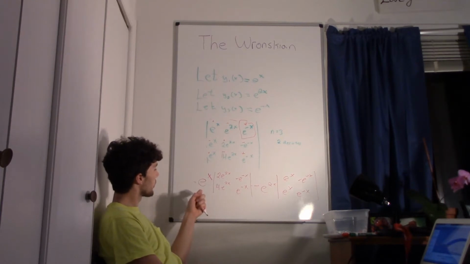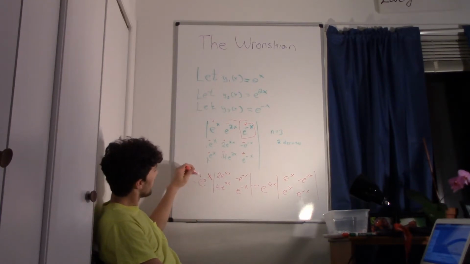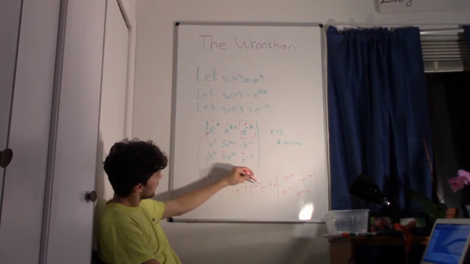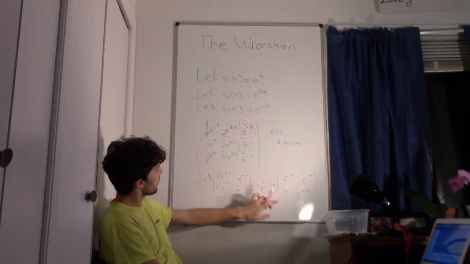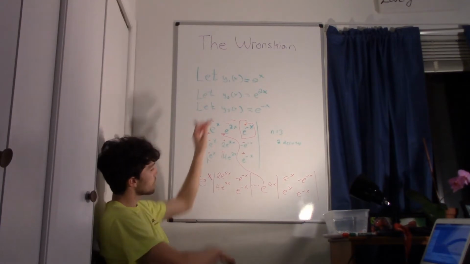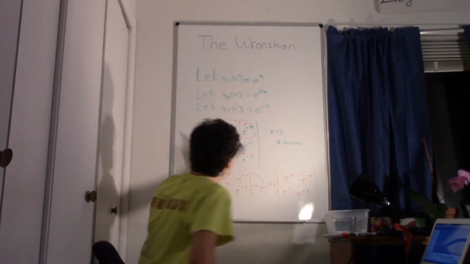So now, before we had e to the x, this tied in there, this tied in there, and then we're going to have a third one, which I'll write up in the top.